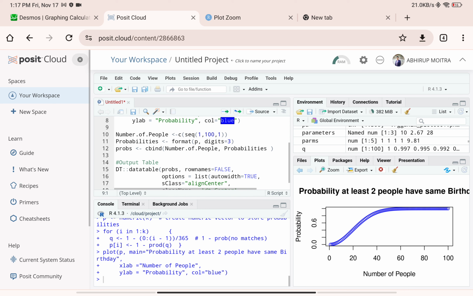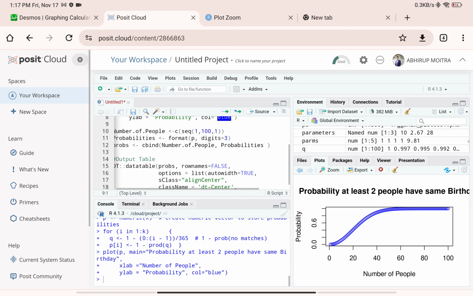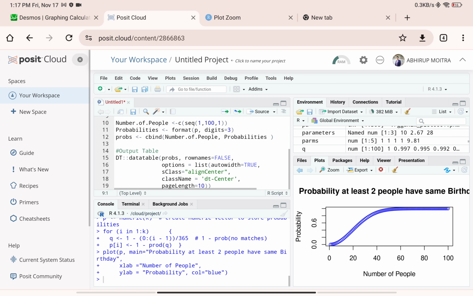In line 12, this combines, column-wise, the number of people and the probabilities, so that you can understand how the probability varies as the number of people increases. Now I'll execute, and I have created an output table which is called the data table.